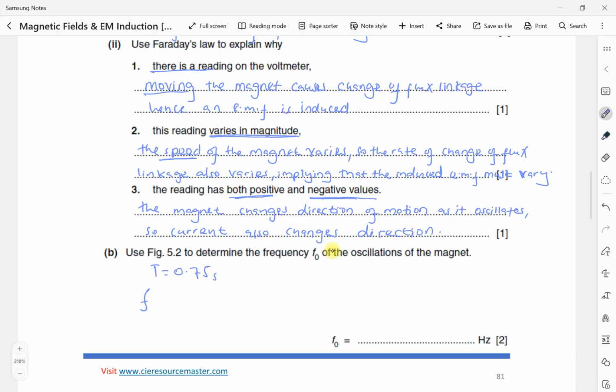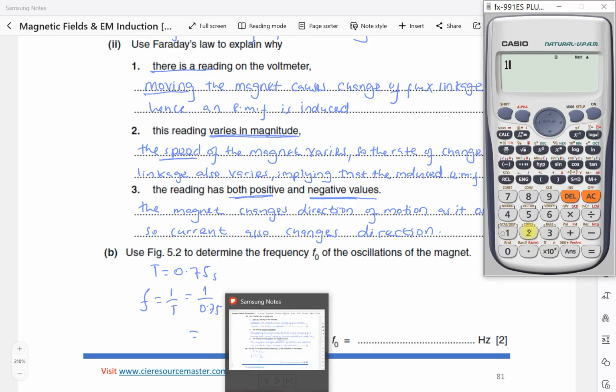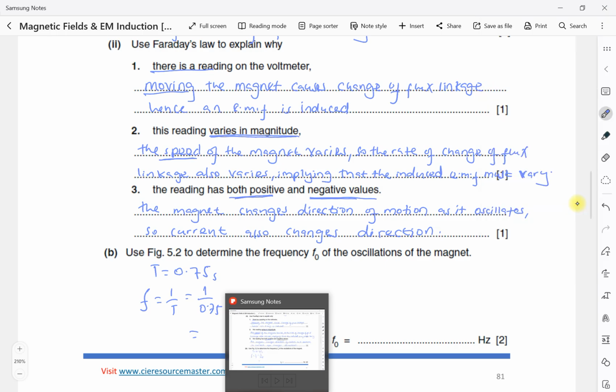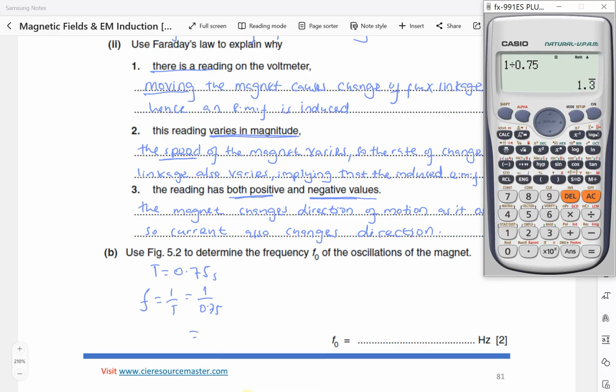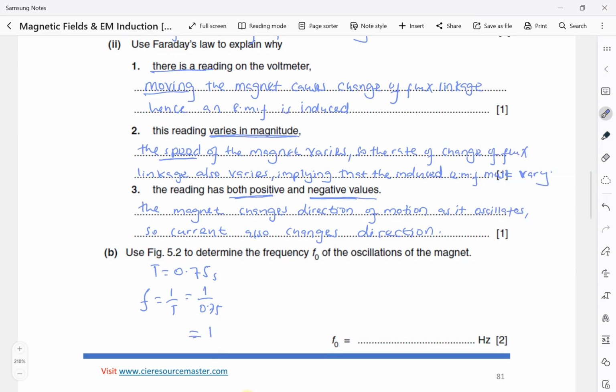So the frequency is equal to 1 over the period, which is 1 divided by 0.75. That is 1.3 recurring, so this is 1.33 recurring hertz.